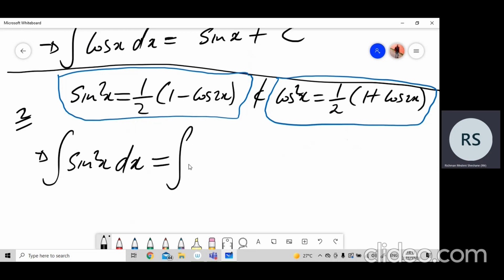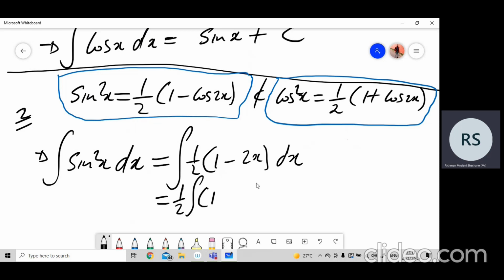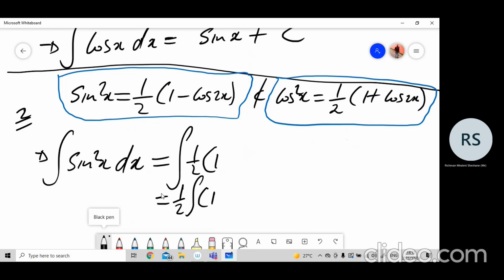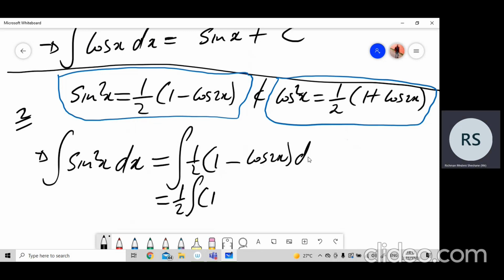Okay, so we're just going to integrate 1 over 2. So instead of sine squared x, we substitute this, 1 minus cos 2x, and then dx. Because it's easy to integrate its identity, we'll take the constant out. This is supposed to be cos 2x, minus cos 2x dx.